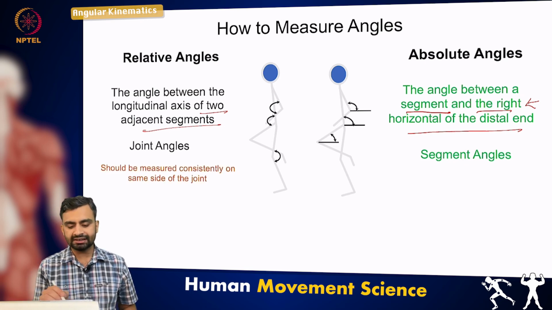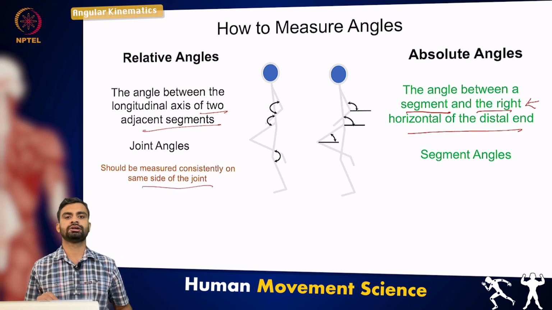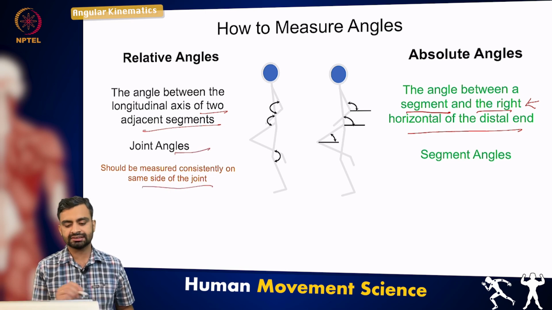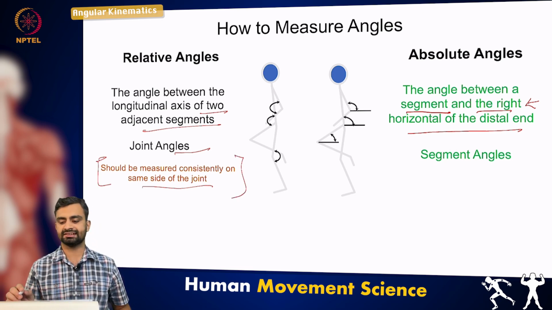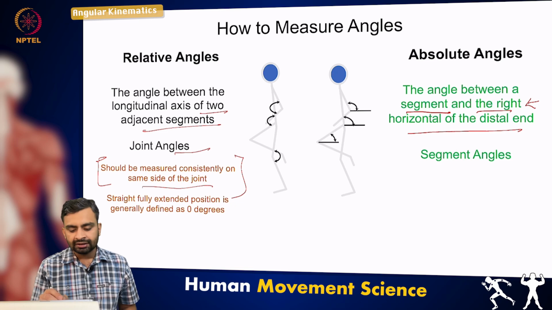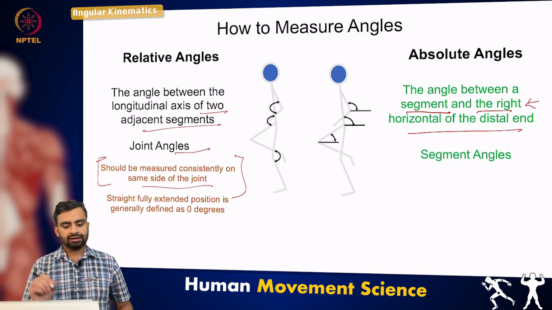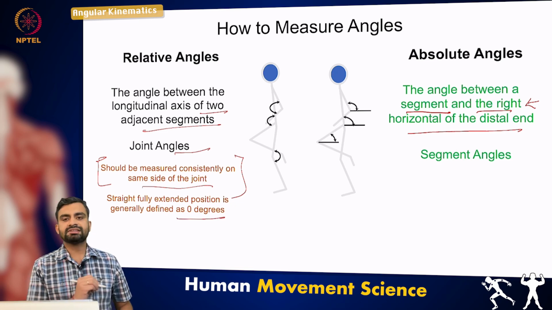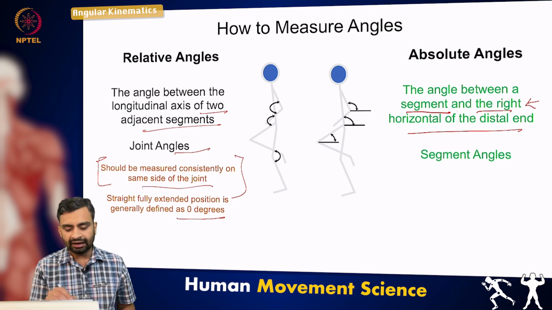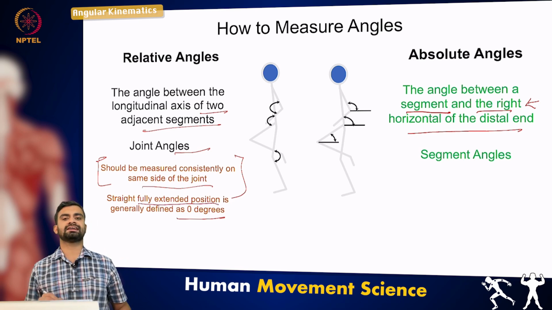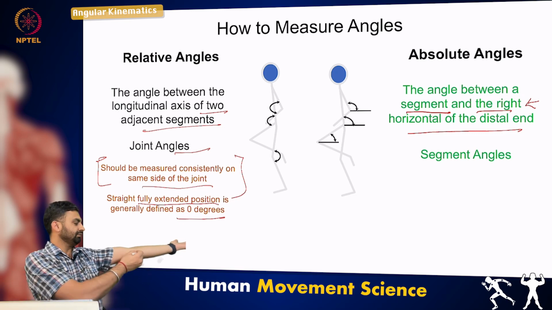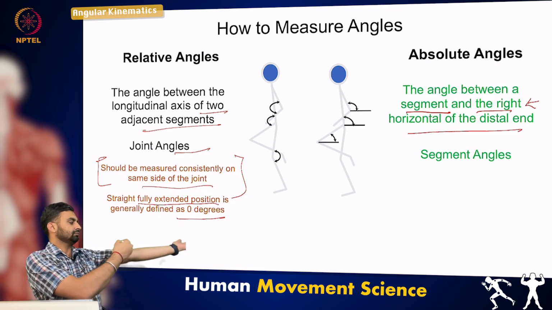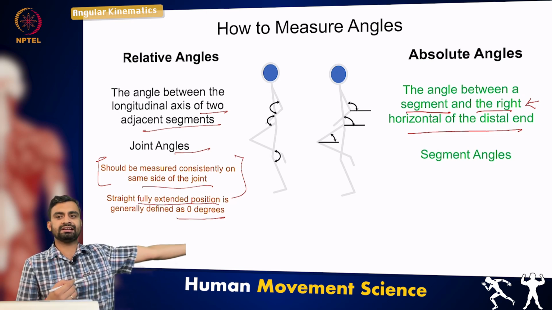Joint angles should be measured consistently on the same side of the joint. This is something we should keep in mind to have consistent results. When the angle between two segments is 0 degrees, it is defined as the fully extended position. For example, if I am fully extending, the angle between these two segments is 0 degrees.